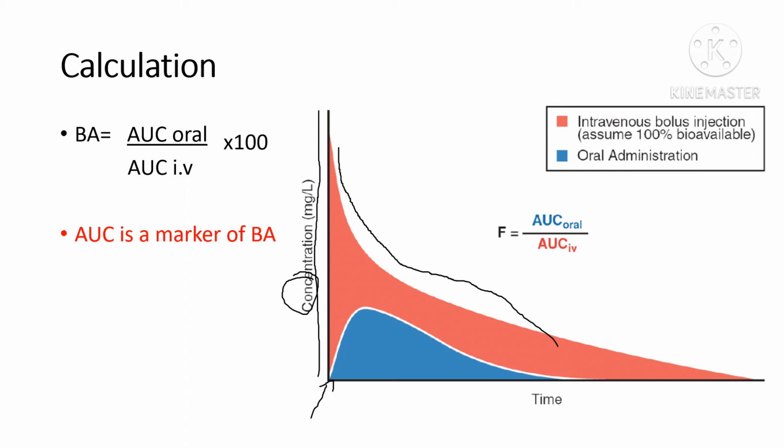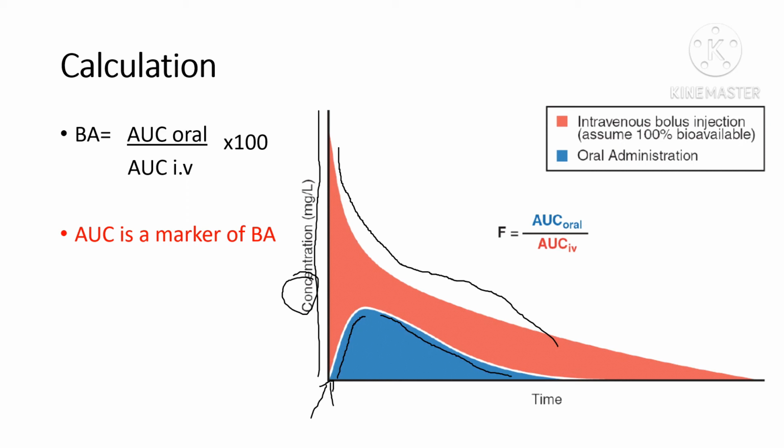Then we're going to repeat this experiment and administer the drug orally here at time 0. And what you see is, when you administer the drug orally, you see there is a slow rise in plasma concentration. And this rise is generally not as high as the IV drug, because some of the drug doesn't get into the bloodstream both from absorption and metabolism, and over time the drug concentration falls.